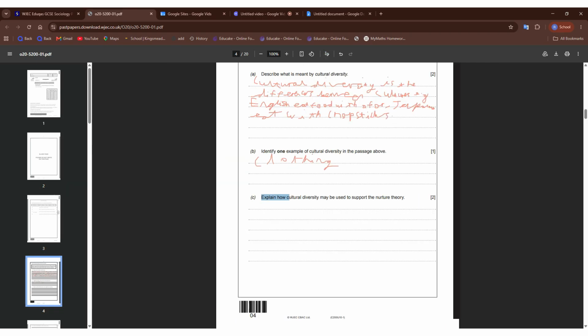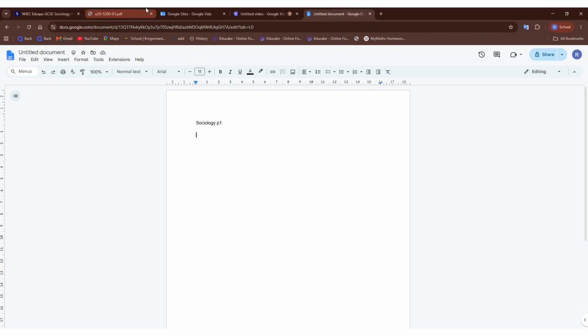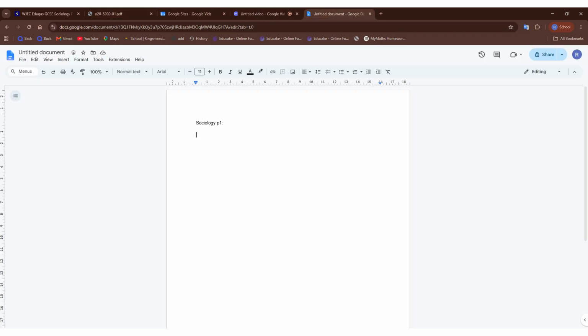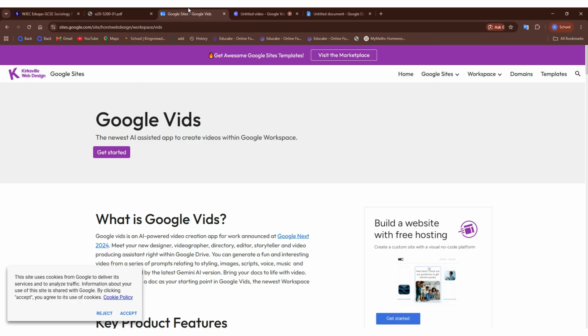Explain how cultural diversity may be used to support the nurture theory. Oh no, it was nurture, wasn't it? I do believe it was nurture. That is my bad. For some reason it did not type.